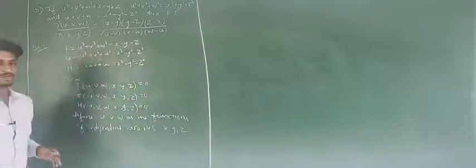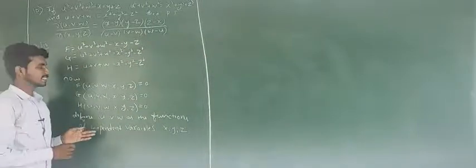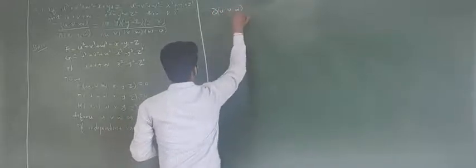So next, by the implicit property, we can take dou of u comma v comma w divided by dou of x comma y comma z.